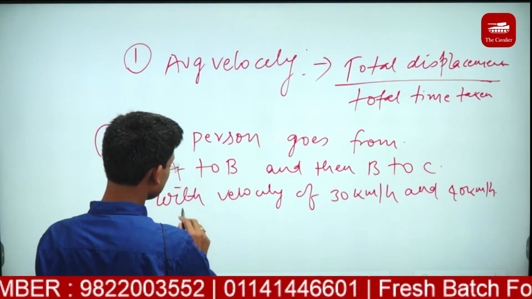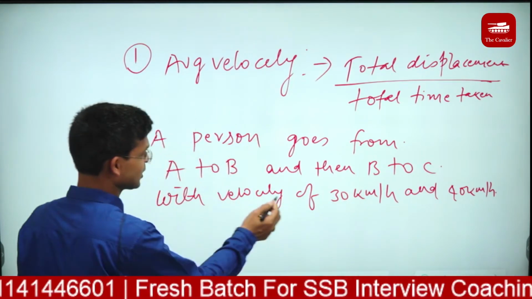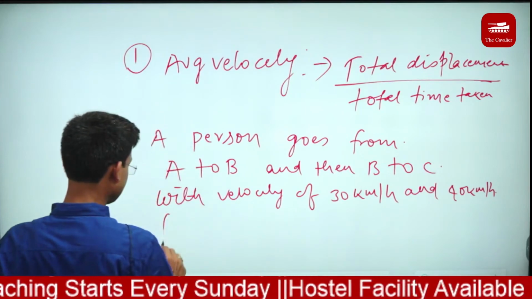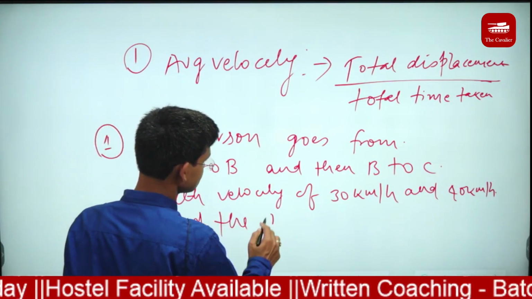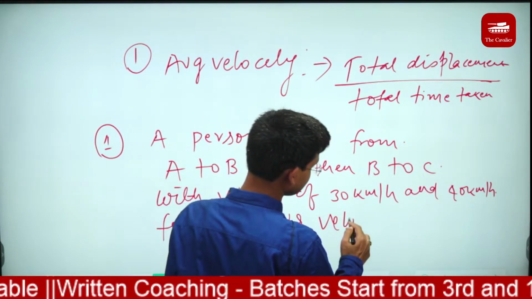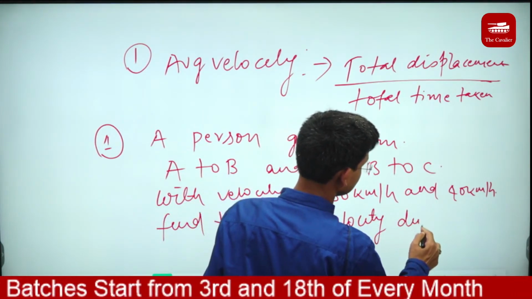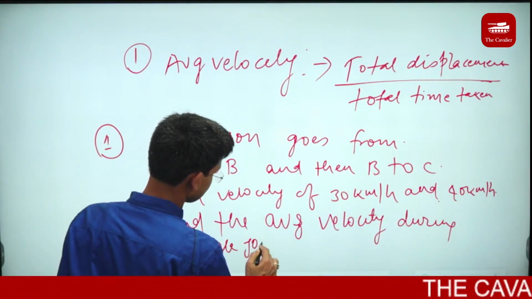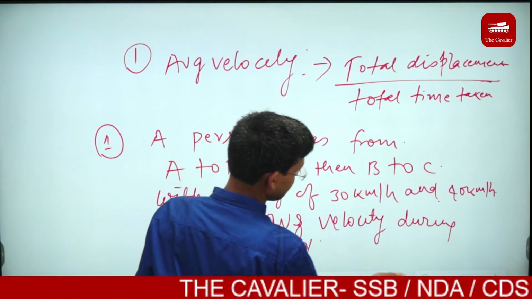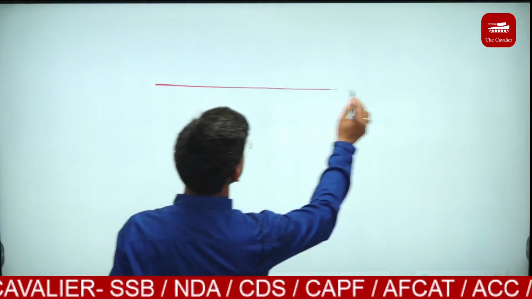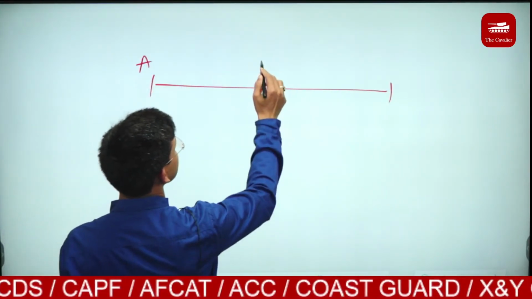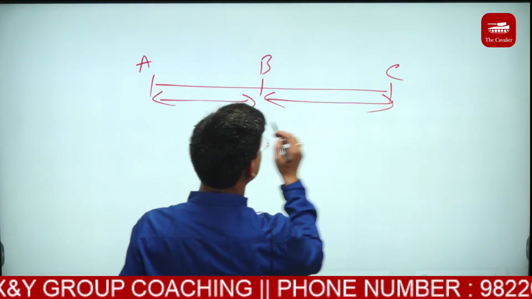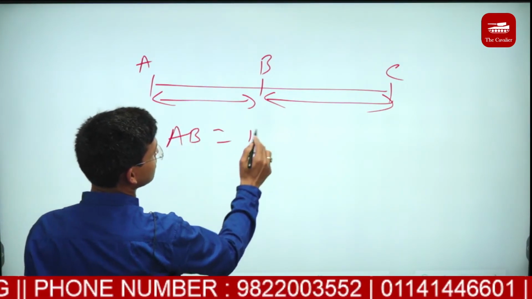A person goes from A to B and then B to C with velocity of 30 km per hour and 40 km per hour. Find the average velocity during the whole journey. In the question we have been given that a person goes from A to B and B to C, and this distance S and this distance are both equal. AB and BC both are equal.